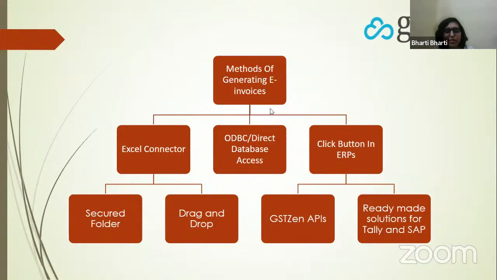The information on the invoices where e-invoice is generated is sent back to the secured folder. This is an automatic process. The second option is drag and drop, wherein you manually upload the Excel file in Jstsm and generate the e-invoice.